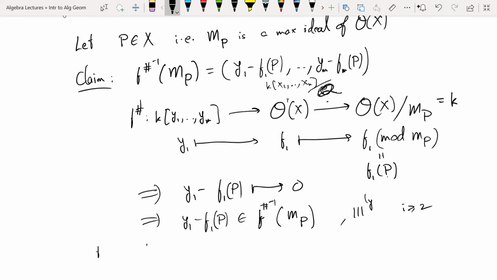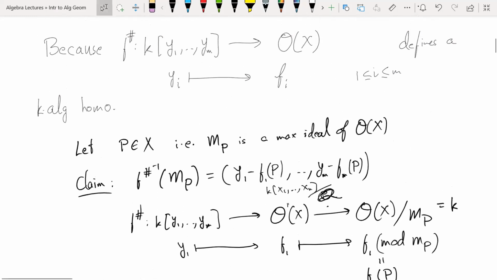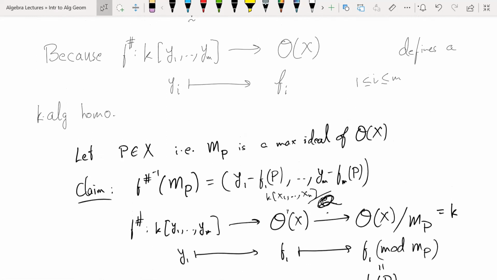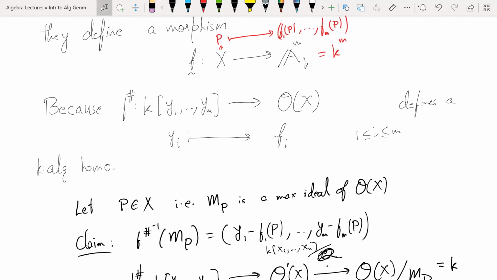So hence you get the claim. So that tells you that this is indeed the ring homomorphism which defines this map.